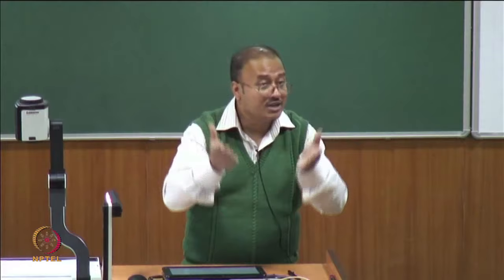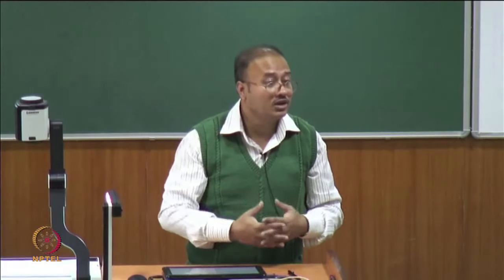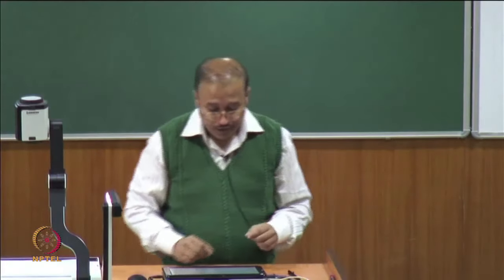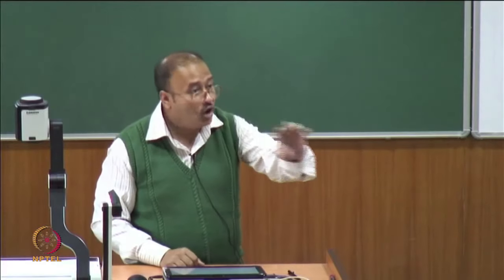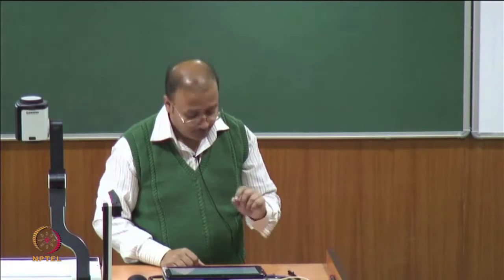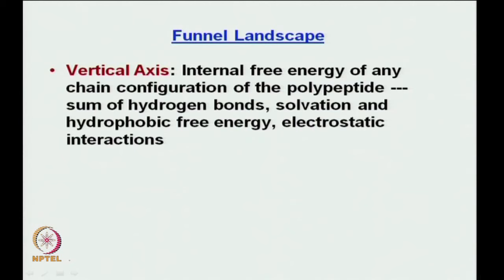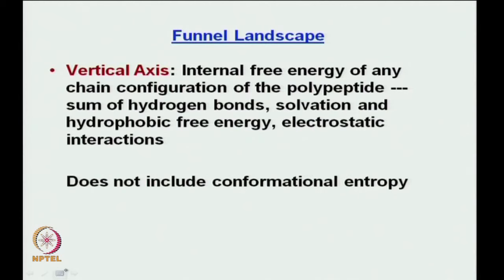So it is getting stabilized by those forces. It is mainly enthalpic, right? So it is a sum of all these stabilizing energies. That is the vertical axis, but it does not include conformational entropy. It is your internal free energy devoid of this entropy contribution. It is essentially your enthalpy contribution.